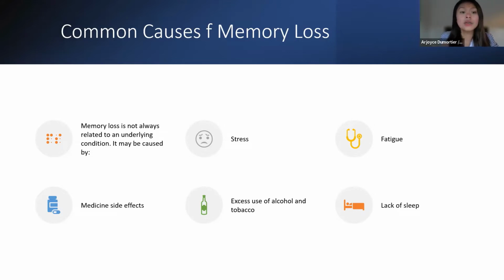Medicine side effects: when we take any medications or supplements that we are not sure about, always ask your doctors or your general practitioners before you take any medicine that you don't know. Also, excess use of alcohol and tobacco, and lack of sleep.